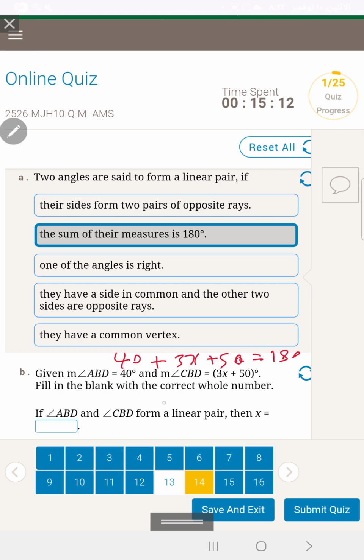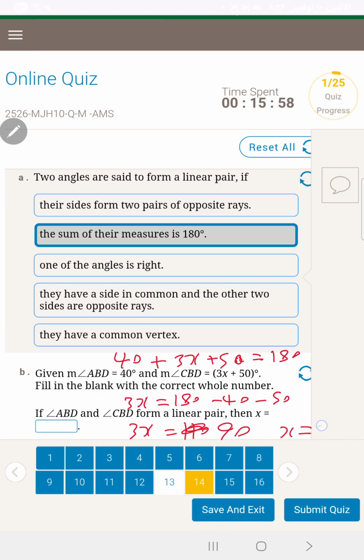Then you solve this equation. 3x equals 180 minus 40 minus 50. 180 minus 90 is 90. So 3x equals 90. So x equals 30. And that is the answer.